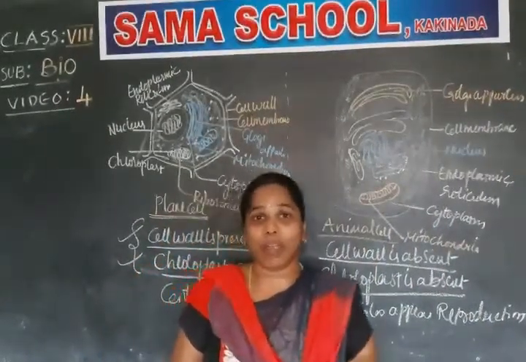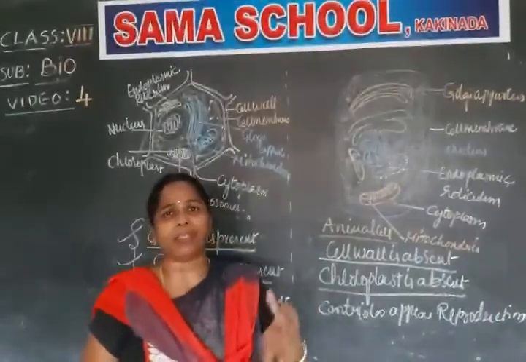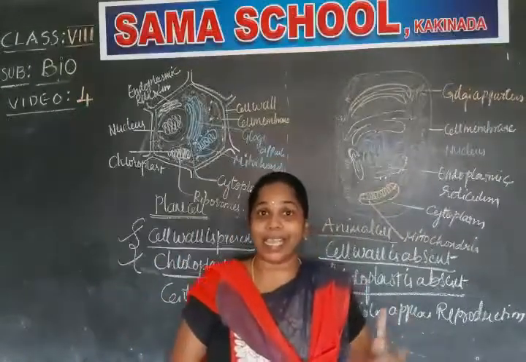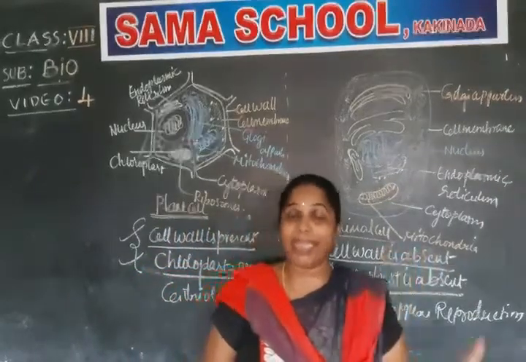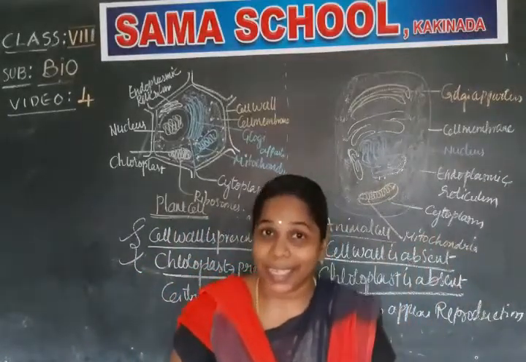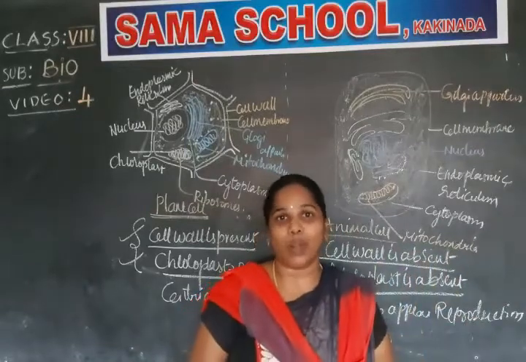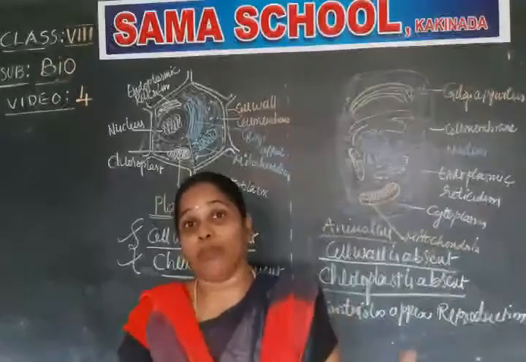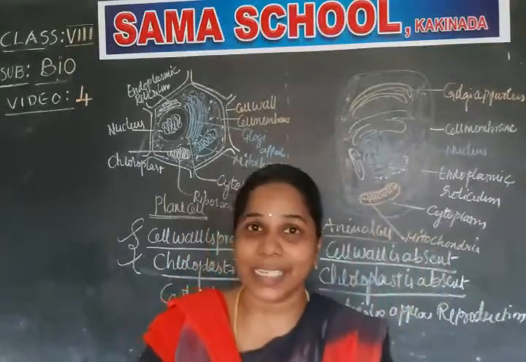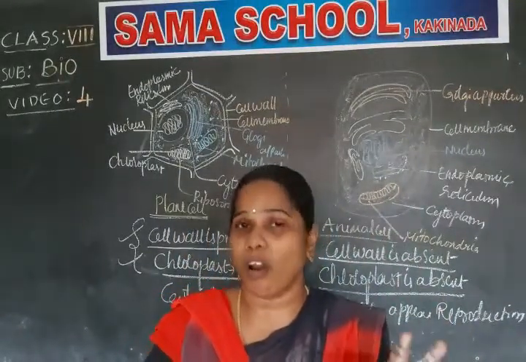Let us see what are unicellular. Uni means single cellular organisms. If an organism has a single cell, then it is called the unicellular organism. If an organism has more than one cell, it is considered a multicellular organism.